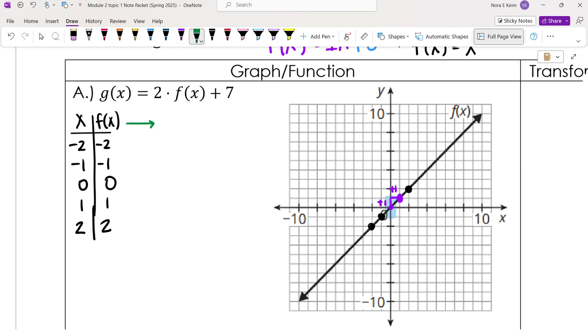And then I could transform that into g of x. So that's one way you could do it.